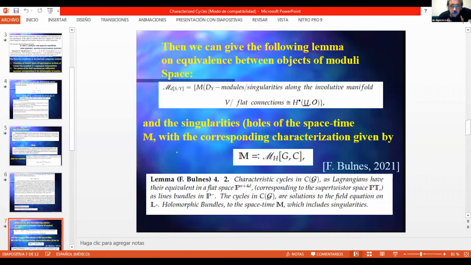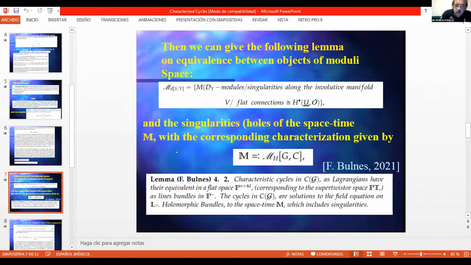Then we can give the following lemma on equivalence between objects of model space. This is the model space as a goal in this theorem. And the singularities, holes of the space-time, with corresponding characterization given by this representation of the Hitchin moduli space, and the lemma is given by this sentence.